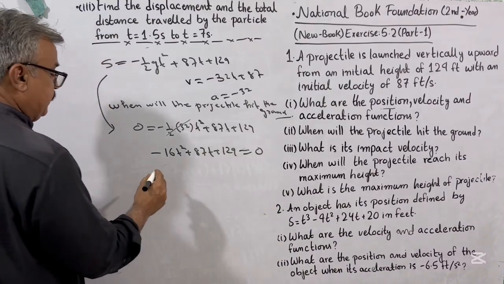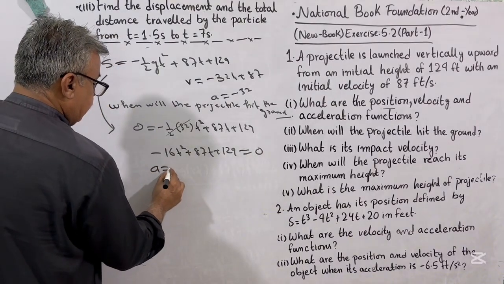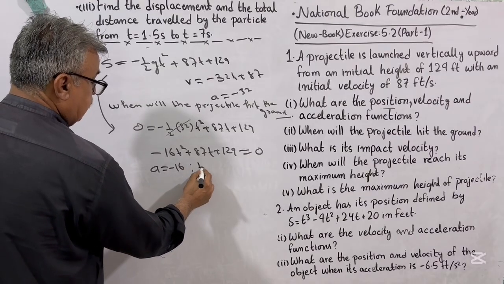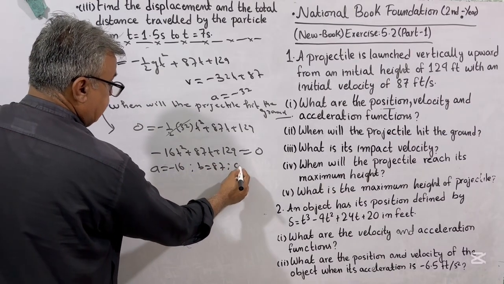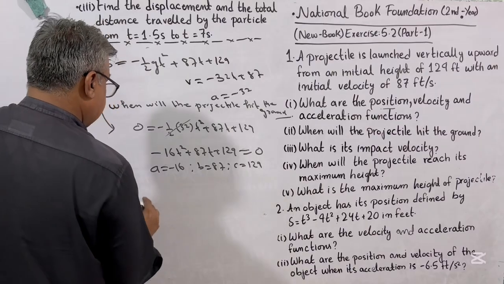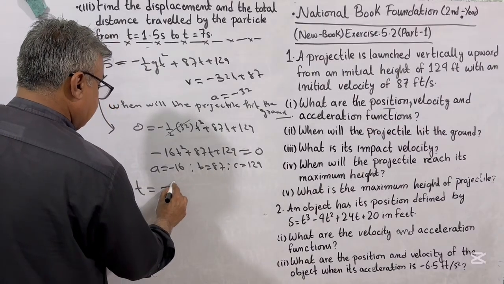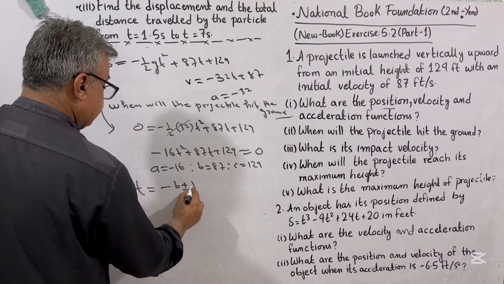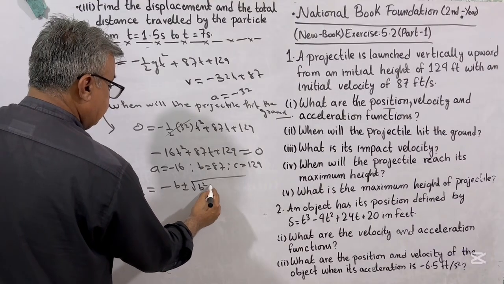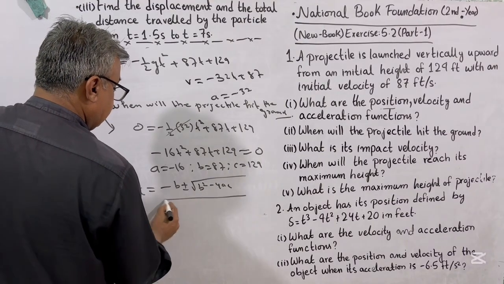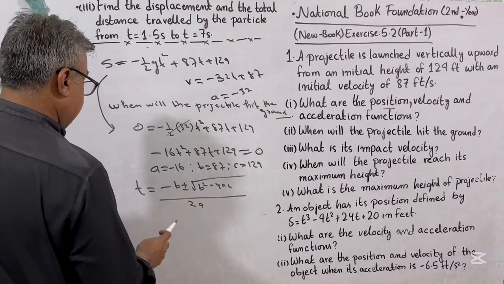Now you are a mathematician. Applying the quadratic formula, a is minus 16, b is 87, and c is 129. Solving for t, we have negative b plus or minus the square root of b squared minus 4ac, divided by 2a.